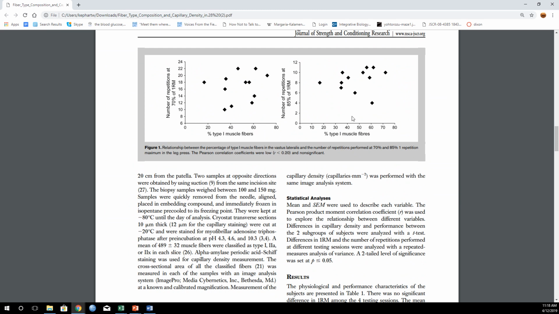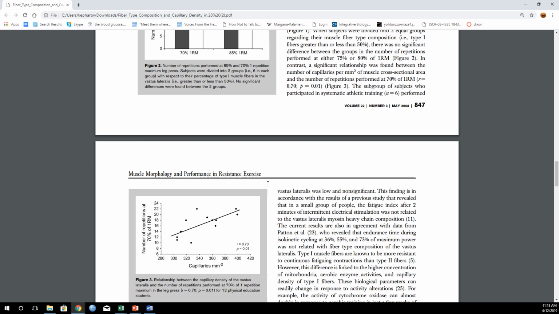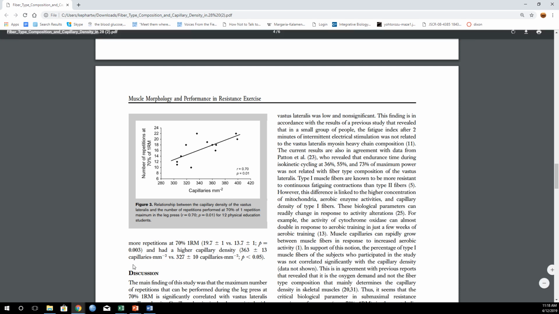The 85% didn't turn out as well as the 70% did, and they found a little bit of a relationship to type 1 muscle fiber, and also, the really good one, to capillary density. So capillaries per millimeter squared.